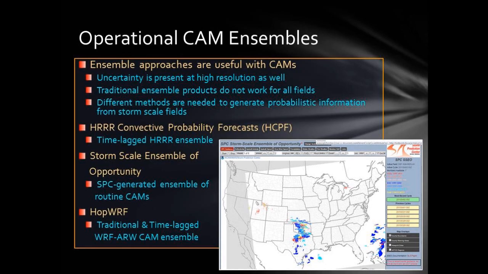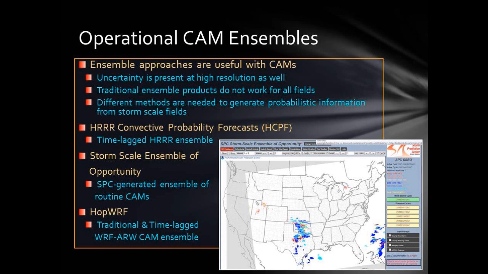But when it comes to ensembling these convection allowing models, one of the big challenges is some of the traditional fields that we're used to looking at, say, the SREF or the larger scale ensembles, you can't really do at the storm scale. If you compute things like a probability off of these runs, and a run, they may be just slightly different, has a storm here, has a storm here, you try to create a probability from that, it's going to end up with lots of just patchwork.